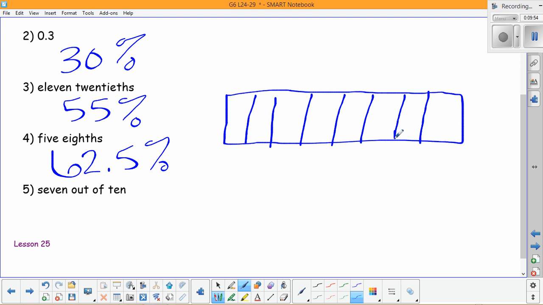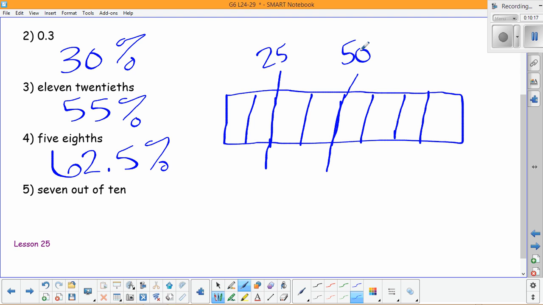But we can find 2/8 of 100, or a fourth of 100, which is 25. 3/8 of 100, again, we can't do, but 4/8 of 100 is half, and half of 100 is 50.